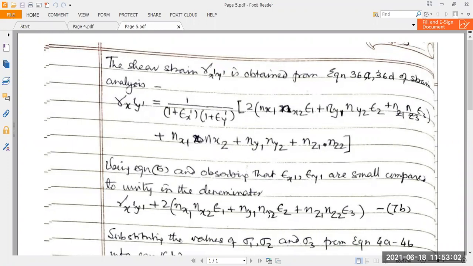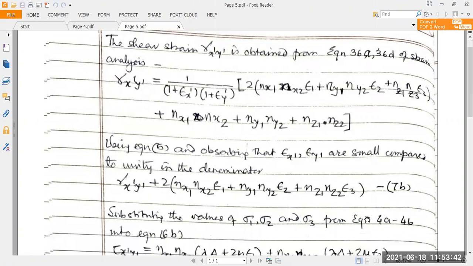Thus, this equation becomes gamma x dash y dash equal to 2 nx1 nx2 epsilon 1, plus 2 ny1 ny2 epsilon 2, etc. Just a second. So this will be equal to gamma x1, etc.